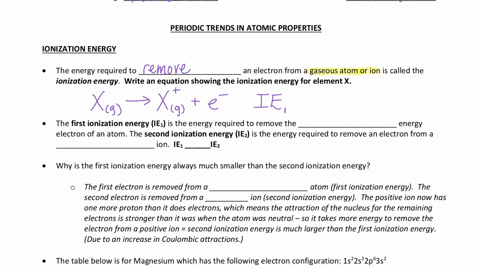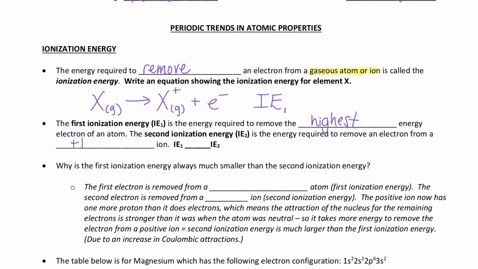That first ionization energy is the energy required to remove the highest energy electron. Second ionization energy is the energy required to remove an electron from a +1 ion.